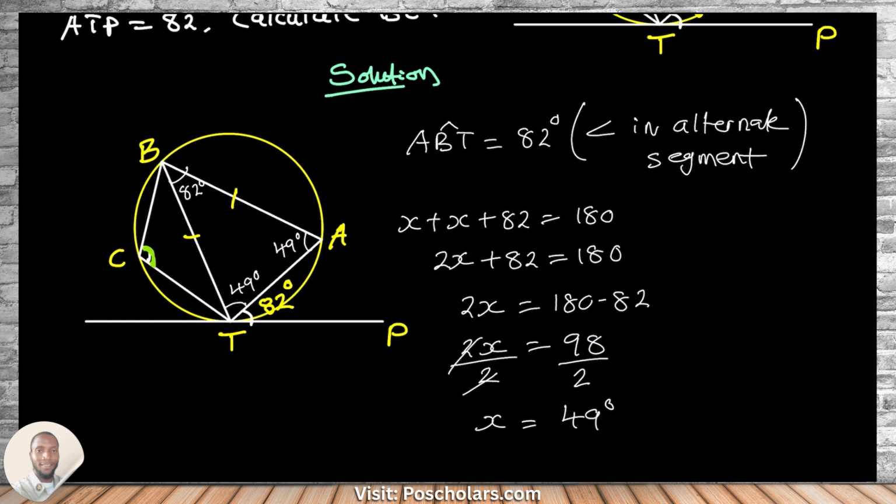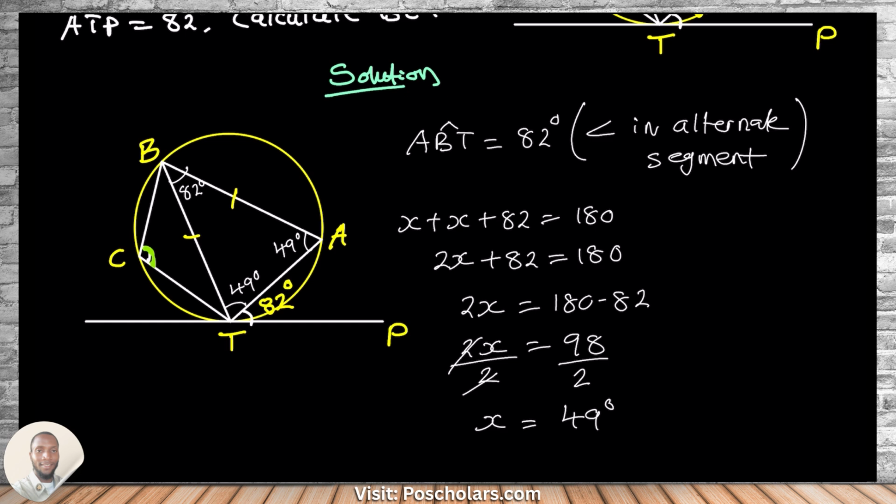Now, remember one theorem that says opposite angles in a cycle. You can see it. That's why I tell my students, if you want to solve any circle geometry problem, you must know all the theorems. Very important. So if you are just watching this video for the first time, please go back to my video titled Circle Geometry Theorem. Watch everything, so that you have an idea of how all the theorems work.